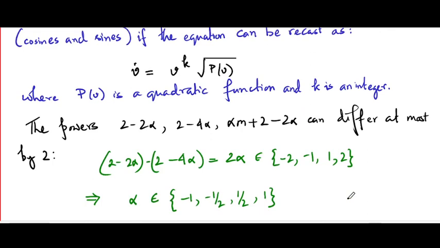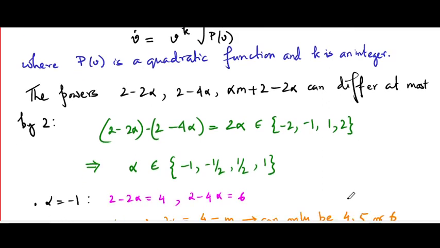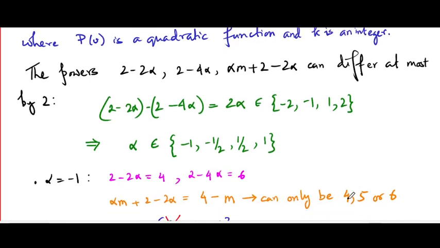Now let us take a look at these one by one. If you look at alpha equals minus 1, then 2 minus 2 alpha has to be 4, and 2 minus 4 alpha has to be 6. Since these already differ by 2, they have to be of the form 2k and 2k plus 2. So now, the other power that we have, alpha m plus 2 minus 2 alpha, which for this particular value of alpha is obviously minus 1 times m plus 4, that is 4 minus m.